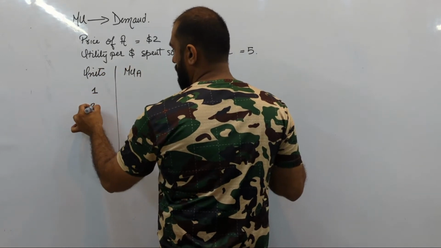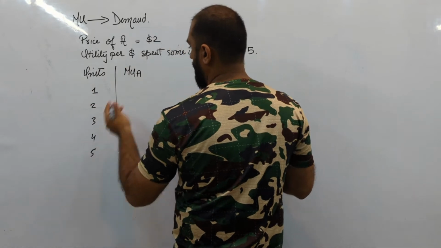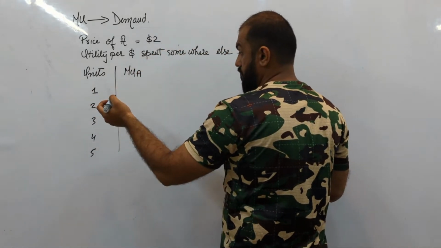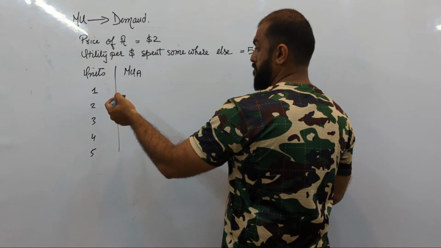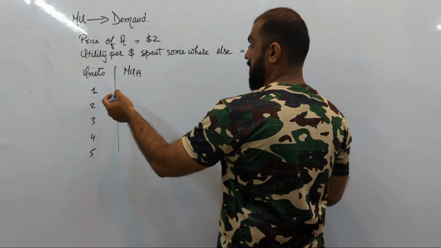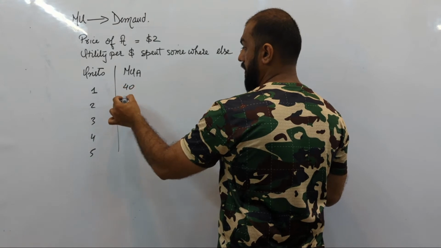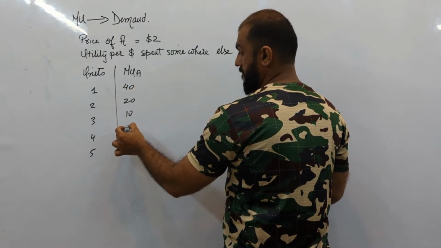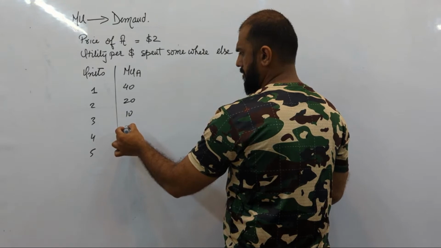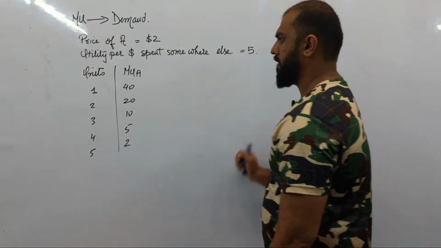So 1 unit, 2 unit, 3, 4, 5. Let's say 40, 20, 10, 5, and 2. All right.